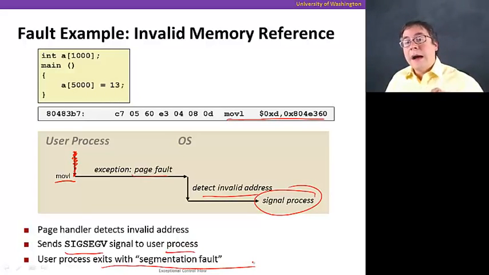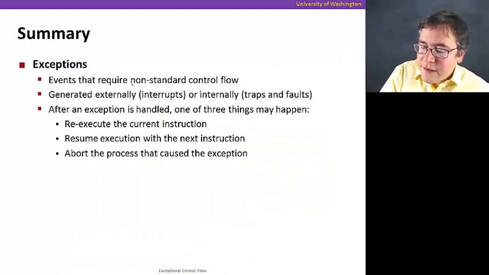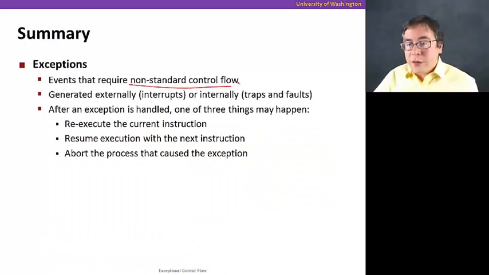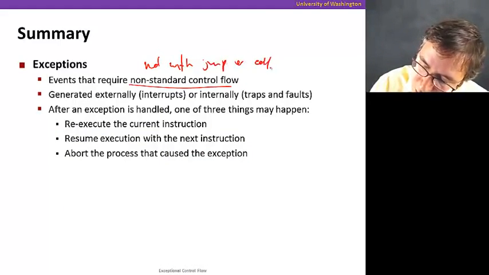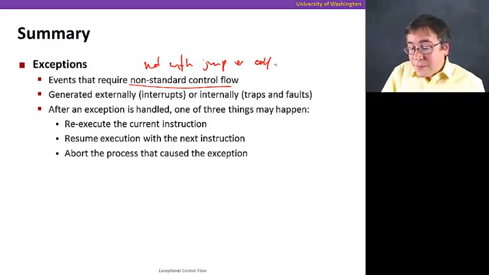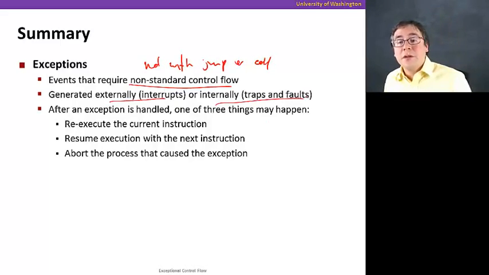Now, to summarize, exceptions are events that require non-standard control flow. That means not jumps or calls. They are typically generated externally in the case of interrupts, or internally in the case of traps and faults.